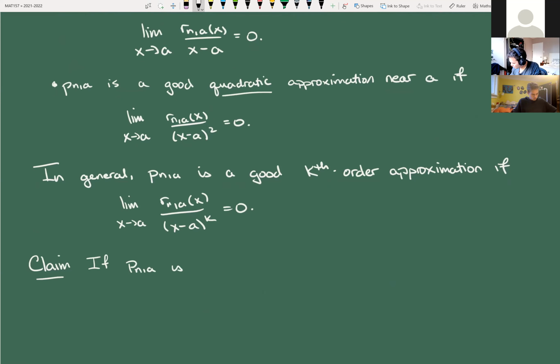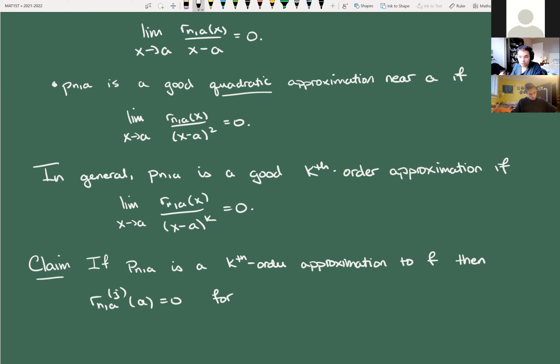So if P_{n,a} is a kth order approximation to f, then the derivatives of the remainder terms are 0 at a for all j, the derivative from 0 to k.